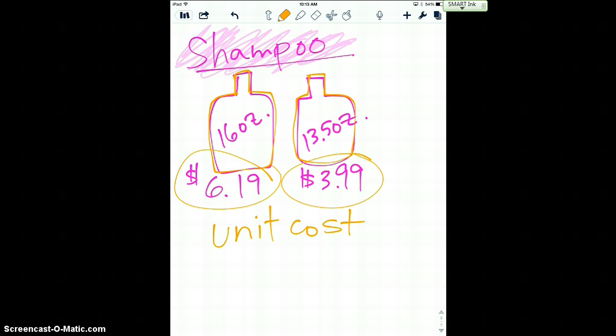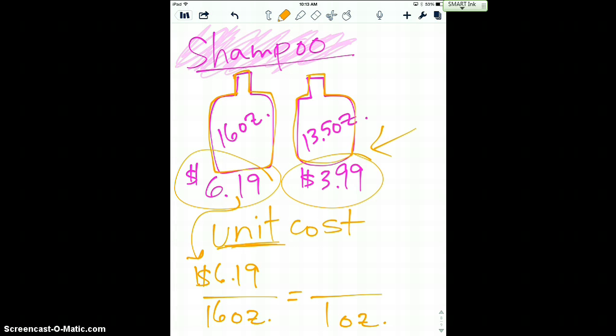So get your calculators ready. Let's start with the 16 ounce, the bigger version. I have an amount of money, $6.19 per 16 ounces. I want to know how much that is for 1 ounce so I can compare it to this one. So how can I convert this into 1 ounce instead of 16 ounces? Well, I divide by 16.